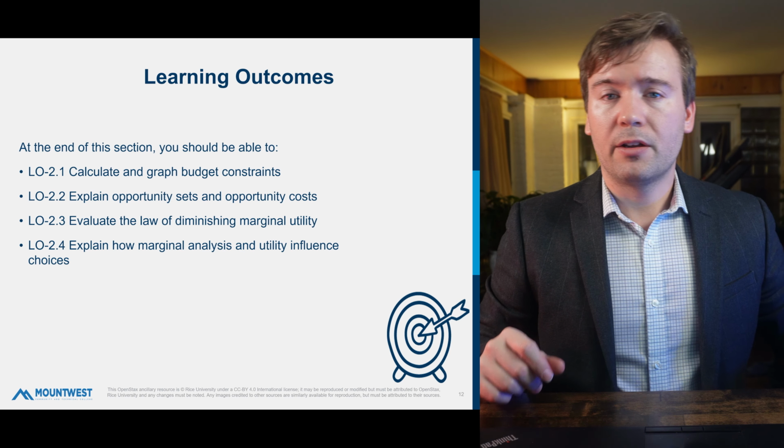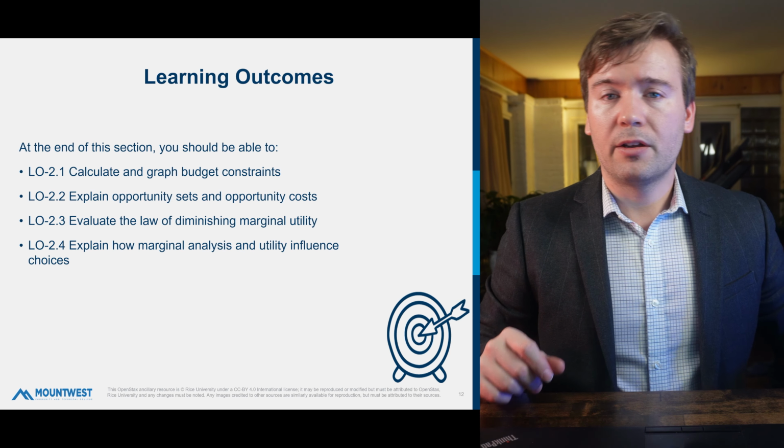Okay. Now, we also need to understand that given the price of goods and given a budget amount, this can be illustrated graphically. So we can think of the budget constraint as a line. Like I said, it separates the possible, which is what's in the opportunity set, from the impossible, which is what's outside of the opportunity set.